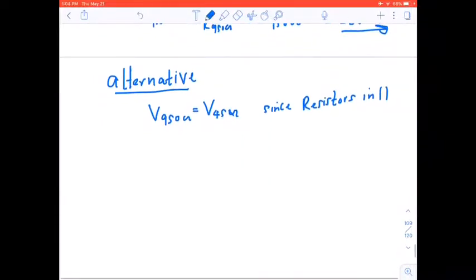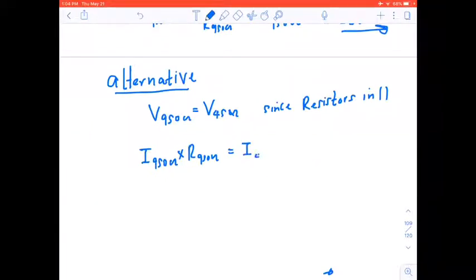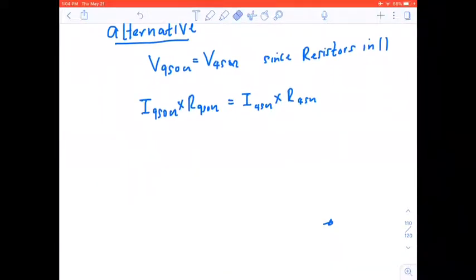Now if we look at this, let's expand it a bit further, and we say I in the 950 ohms times R of the 950 ohms is equal to I in the 45 ohms times R of the 45 ohms. Okay, but we know that I total is equal to I in the 950 ohms plus I in the 45 ohms. Isn't it so?